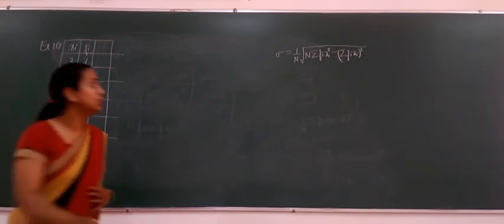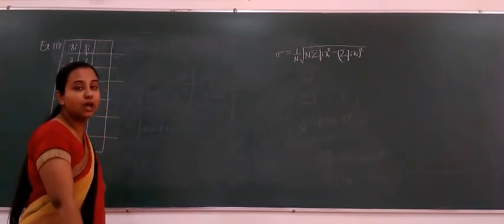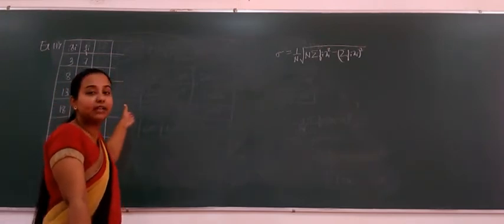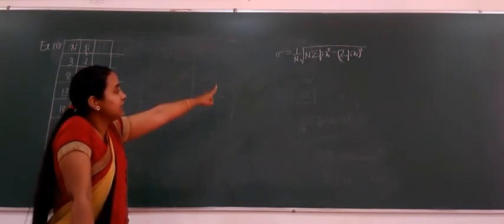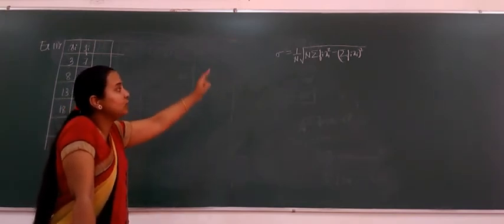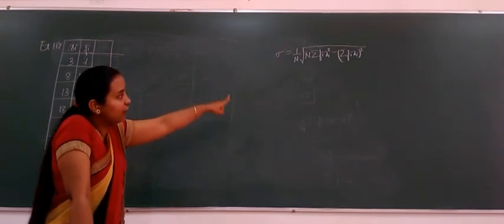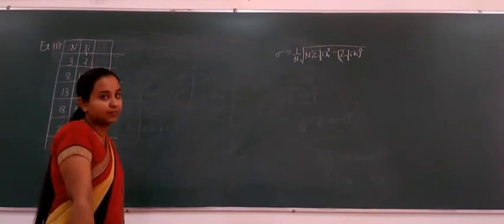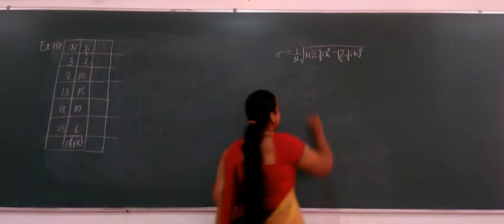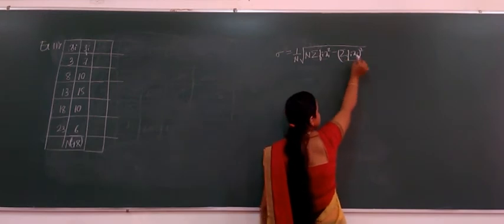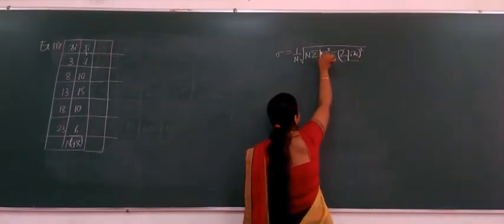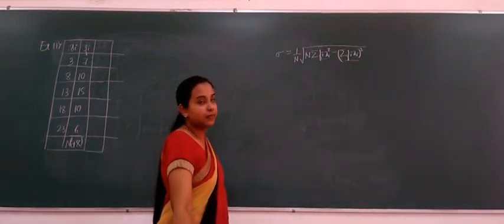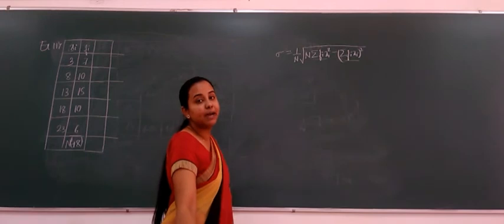Before going to our problem, let us understand this formula, because if you understand the formula, then only you will be able to write the table. The standard deviation is equal to 1 by n, square root of n into summation of fi into xi square minus summation of fi into xi whole square. Know the clear difference between these two. This one is the sum of fi into xi square, that is, each xi is squared and then multiplied by fi.